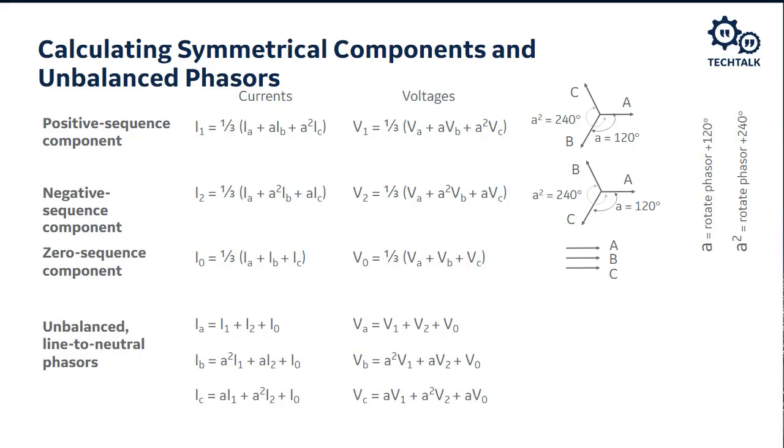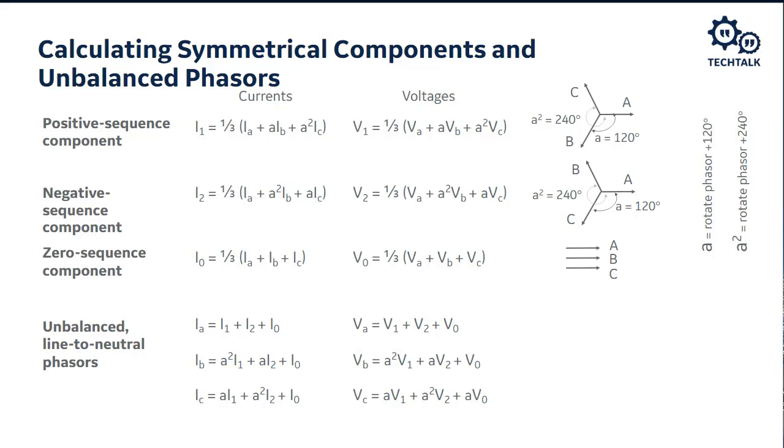For A phase, we can merely sum the positive, negative, and zero sequence components. Key point here is all of the math that I'm showing up here is vector mathematics. So I'm summing the vectors of I1, I2, I0 to get A phase.